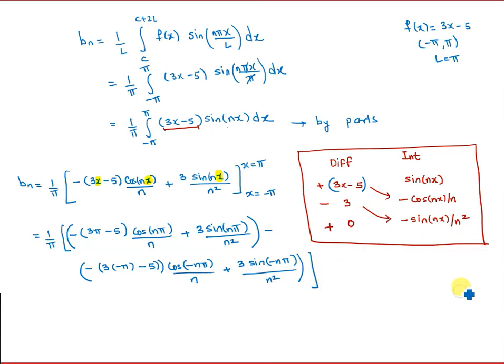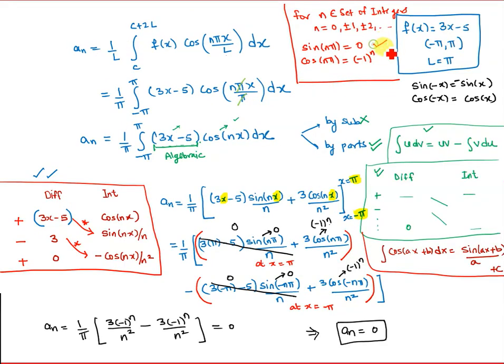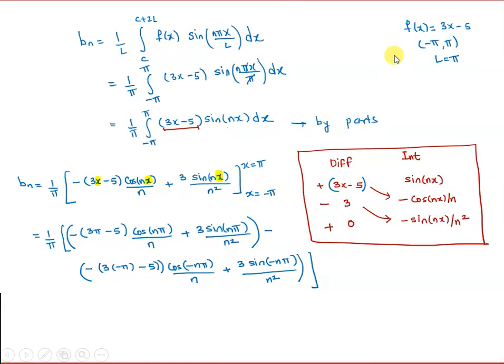Now after that, what do we have to do? We have to use again this rule: sine n pi is 0 and cosine of n pi is minus 1 to the power n. So sine n pi is 0, sine of minus n pi will be 0. Cosine of n pi is minus 1 to the power n. Cosine of minus n pi is also this. So this term cancels to 0, this term cancels to 0.